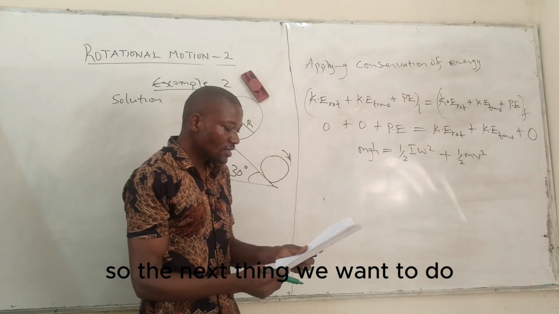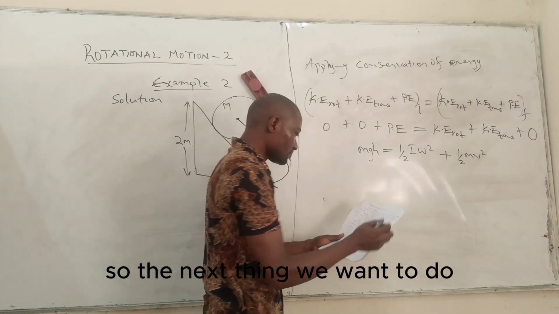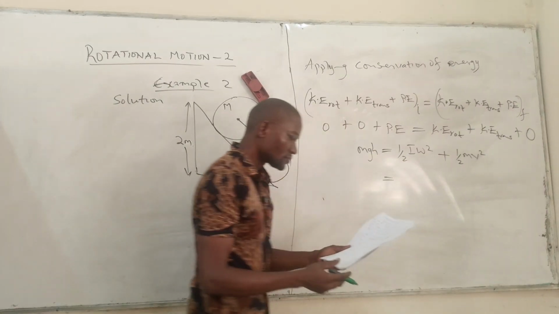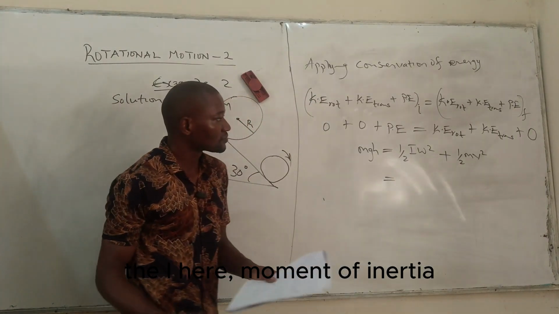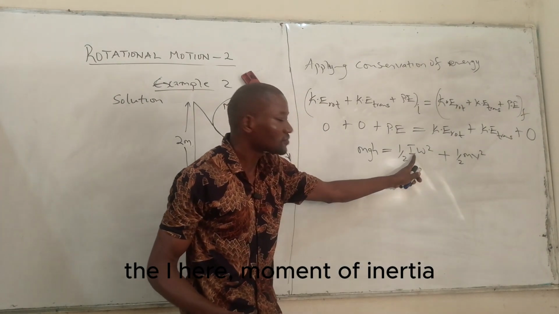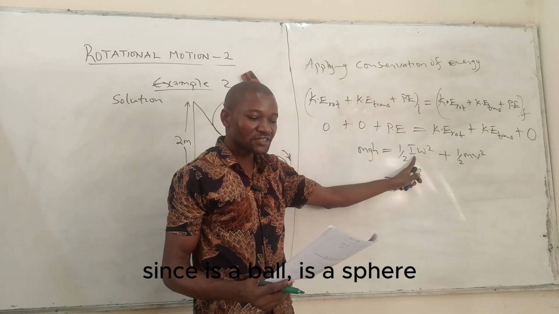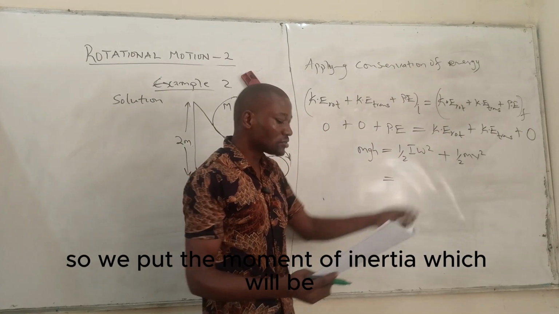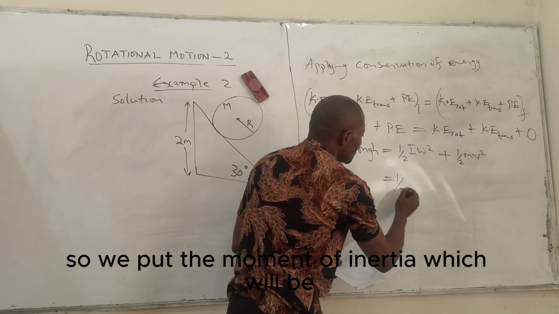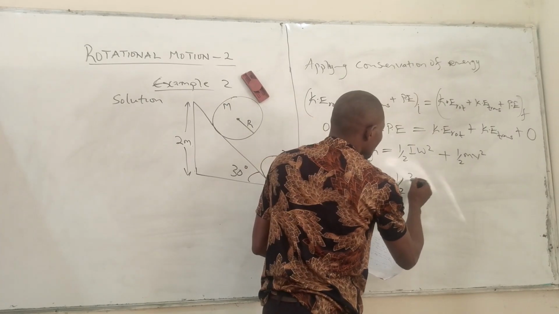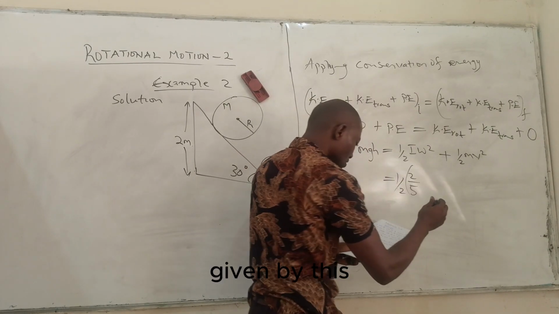So the next thing we want to do, the I here, moment of inertia, says a ball is a sphere. So we put the moment of inertia, which will be given by this.